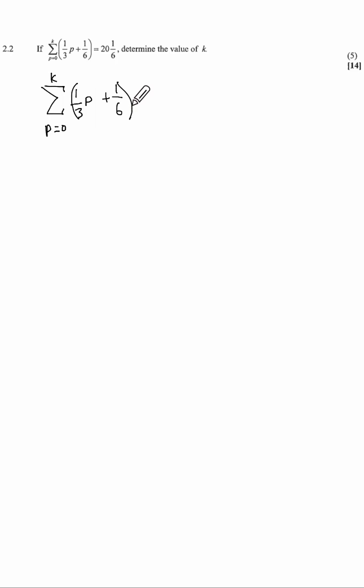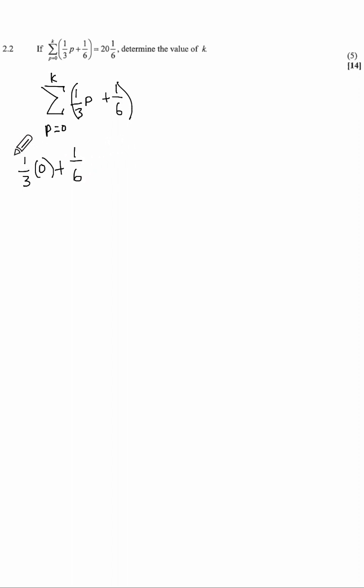Basically, we will get successive terms as we substitute p equal to 0 into this, and then we go to p equal to 1, substitute into this, p equal to 2, substitute into this. So the first term of our series, we will use p equal to 0 because that's the first number here. So the first term would be 1 over 3 by 0 in place of p here plus 1 over 6.